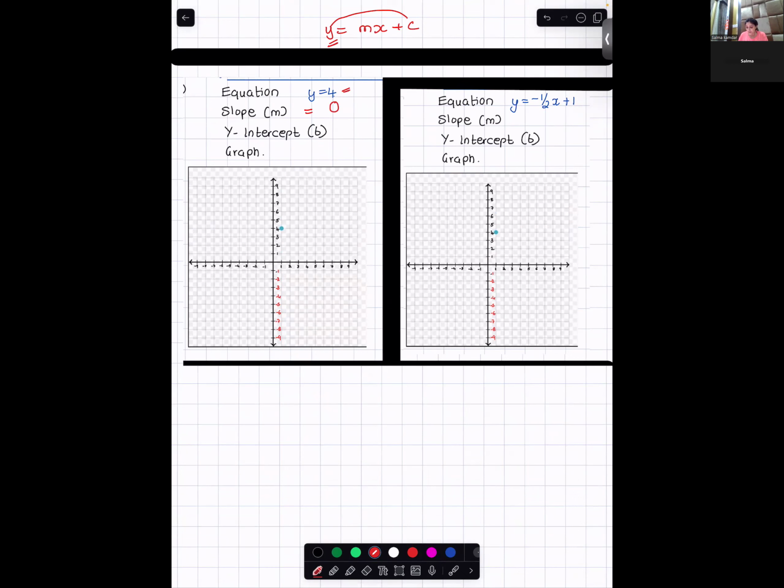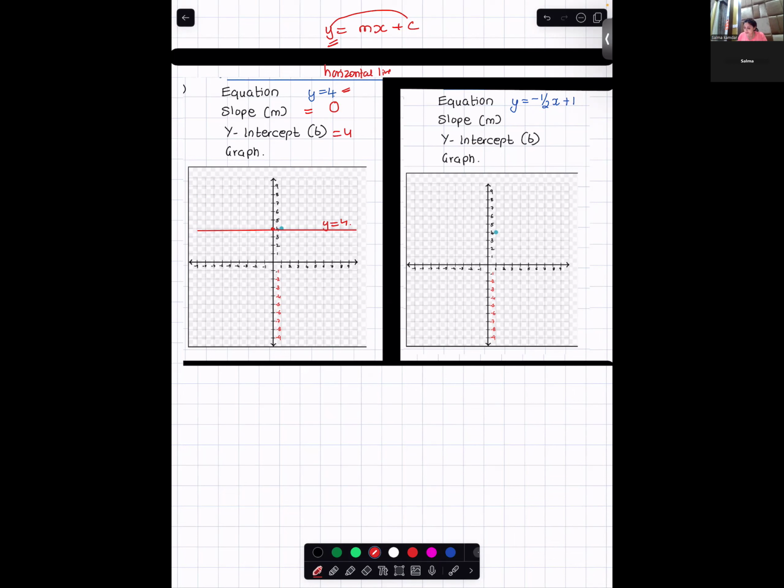If I say y is equal to 4, that means it is a horizontal line which is crossing the y-axis. So since y is equal to 4, it is a horizontal line, and the y-intercept is 4. I hope you are with me.